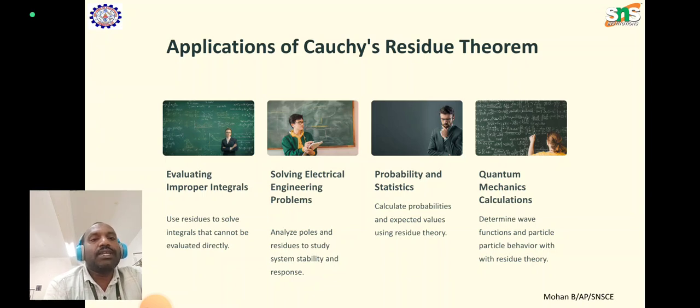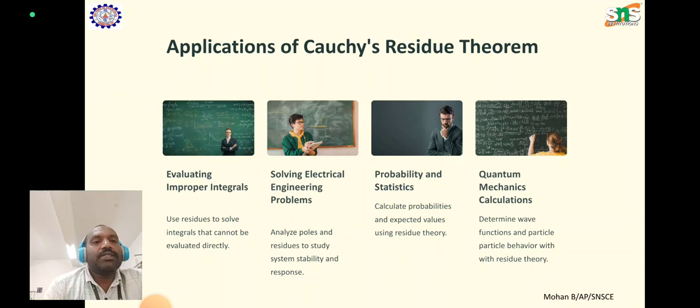So solving electrical engineering problems is a very important application of Cauchy's residue theorem. That means we analyze poles and residues to study system stability and response.